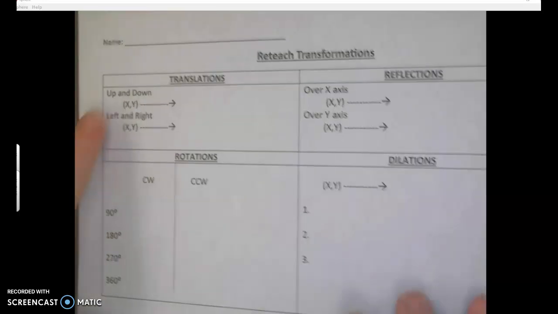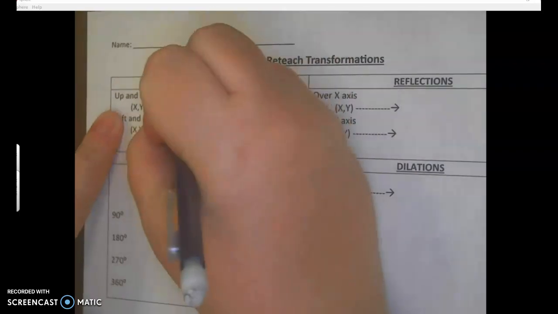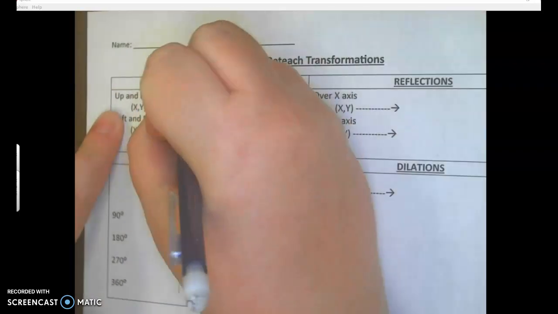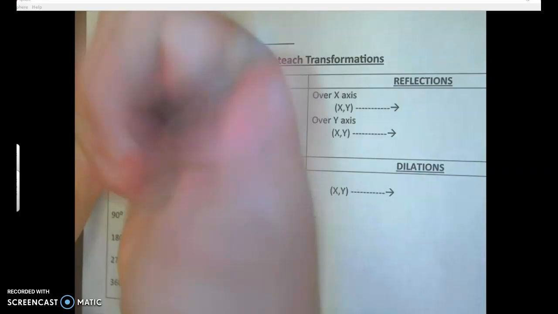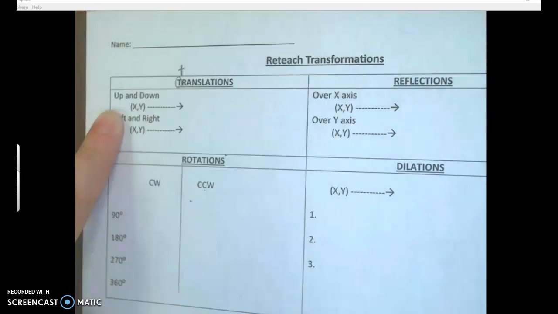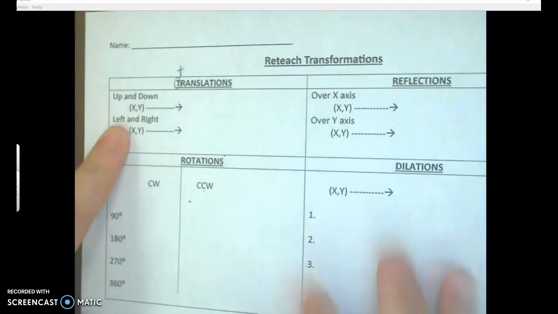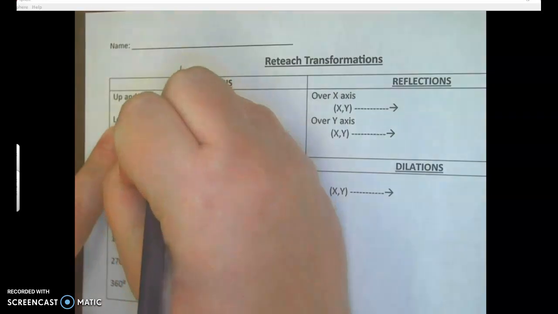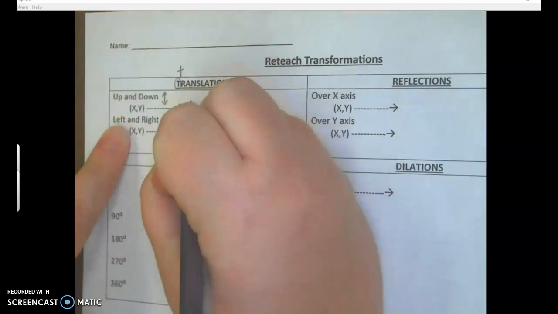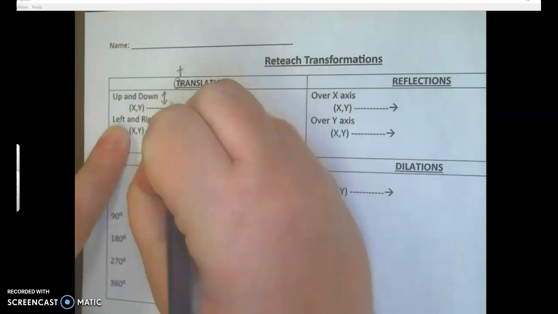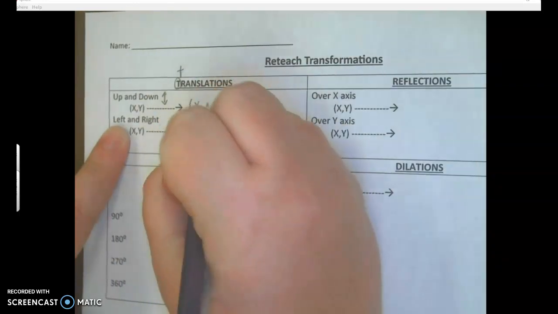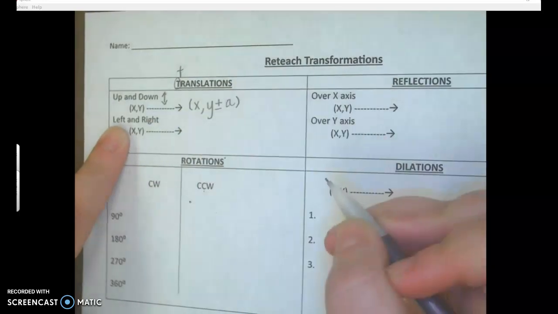All right, so translations. It starts with a T, so I always think of it as it looks like a plus sign. So this is going to be my one where I'm going to be adding or subtracting. If we're going up and down, that is my y-axis. So up and down affects my y coordinate by adding or subtracting a number to it.